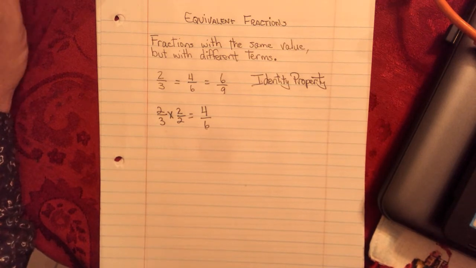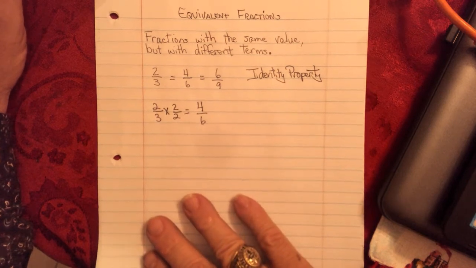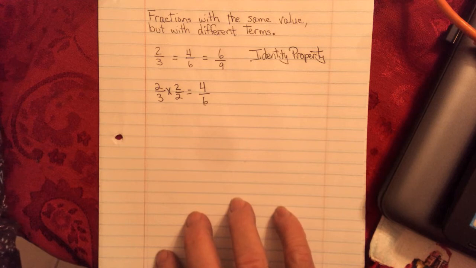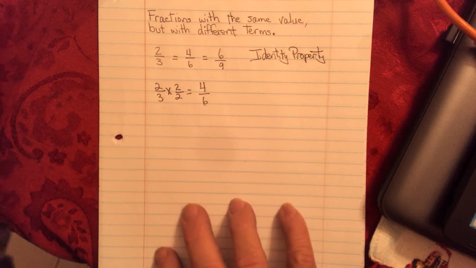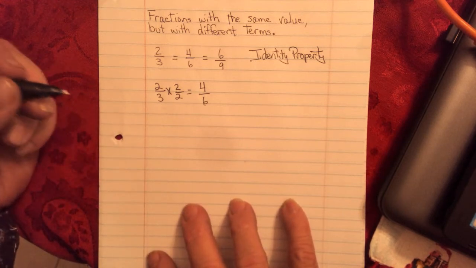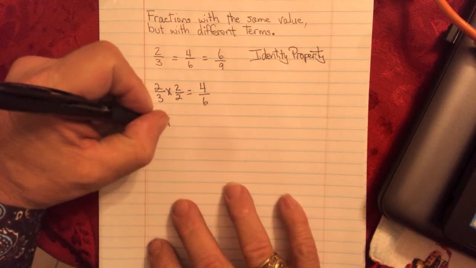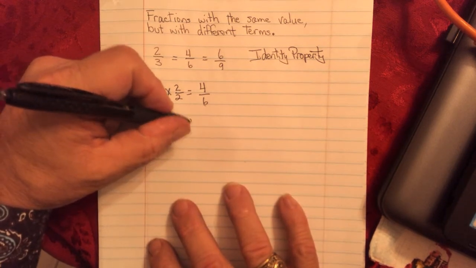Now, we're going to be working to find many equivalent fractions, and sometimes the terms are much larger than what we start with. So we're going to make what we call an equivalent fraction table.